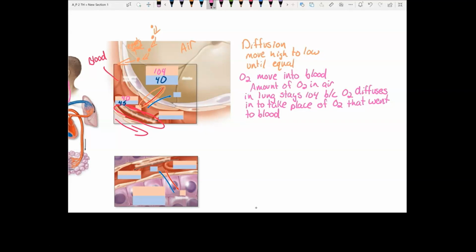So if the 104 never drops and diffusion goes until we're equal, that means we're going to equalize at 104. So the blood here, after it has exchanged with your lung, is 104.